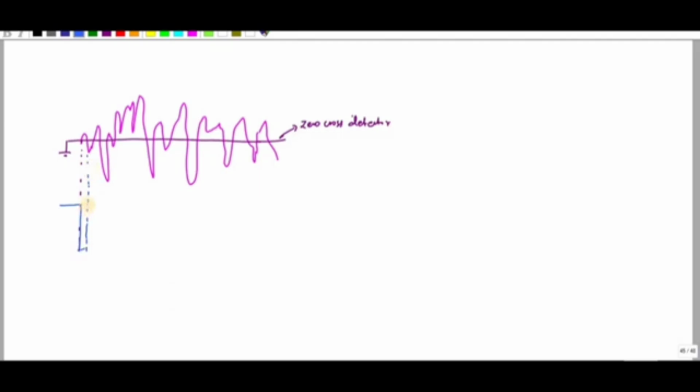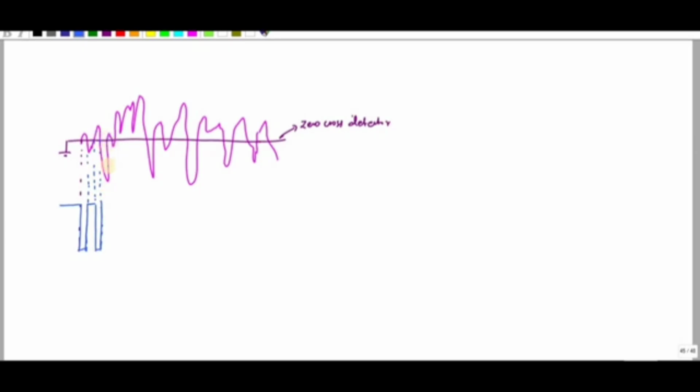At this point the zero value is greater than this pink line. So at this point you have again a lower value. Here the zero value is greater than the pink value, so again you will get a positive value.